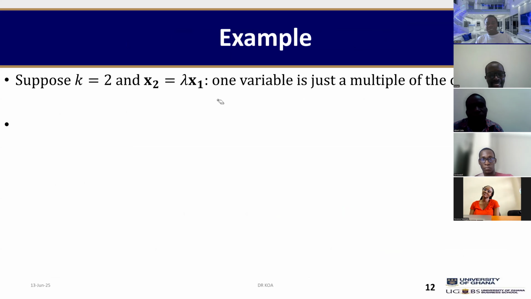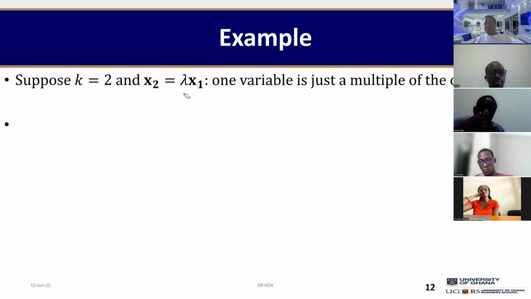Now, let's take an example. This is a little bit complex, but it's a very good example. Let's assume that the independent variables are 2. Okay? And you have x2 equal to lambda x1. Okay? One variable is just going to be a multiple of the other. So x2 is just a multiple of x1, x1 being multiplied by something.